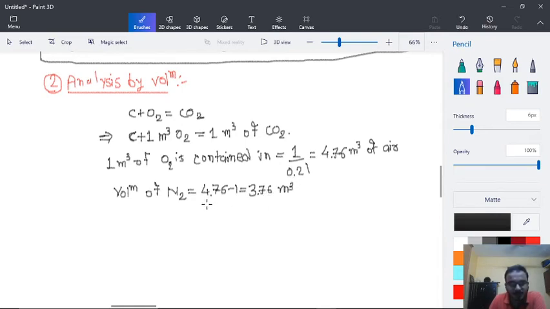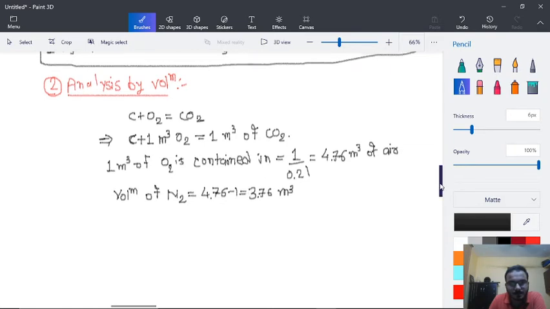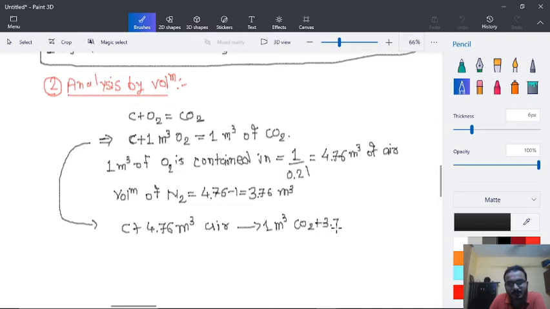Okay, so here we can write this equation again in another form, that is C plus 4.76 meter cube of air gives us 1 meter cube CO2 plus 3.76 meter cube N2.